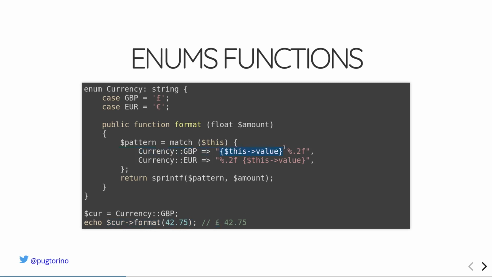So this is the result. I think this can be very, very useful if you have a list of constants, like for instance currency, and you can add utility functions to perform operations, like in this case formatting a string.